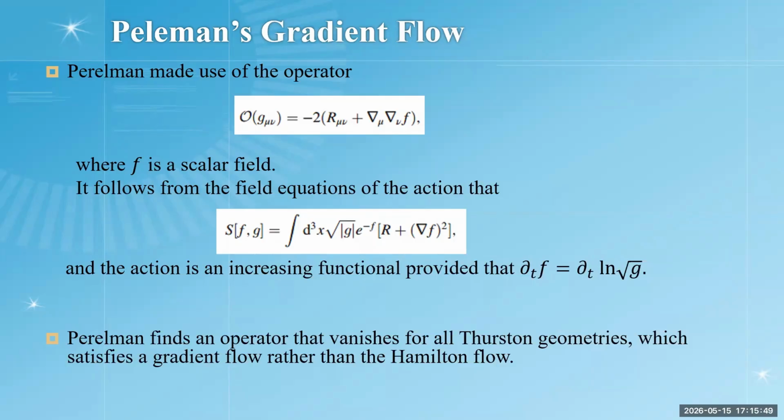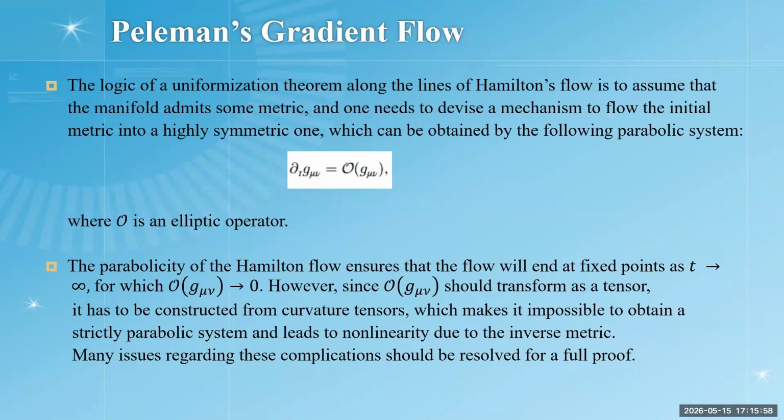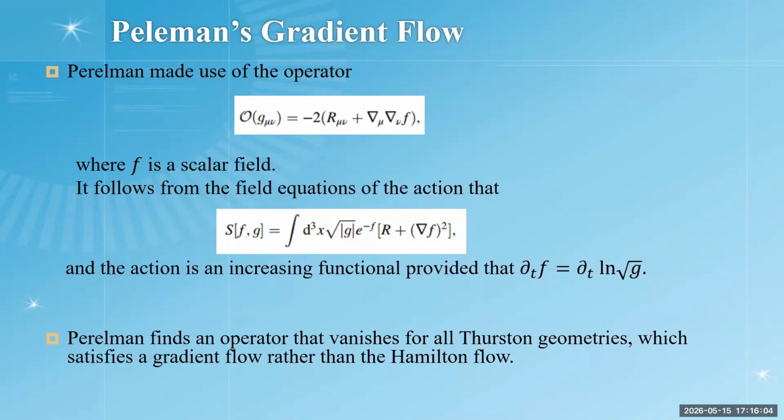I'm not sure, but the motivation for introducing this term is, as I already mentioned, that this operator is not parabolic. By including this scalar term, although it goes to 0, we have an extra term.